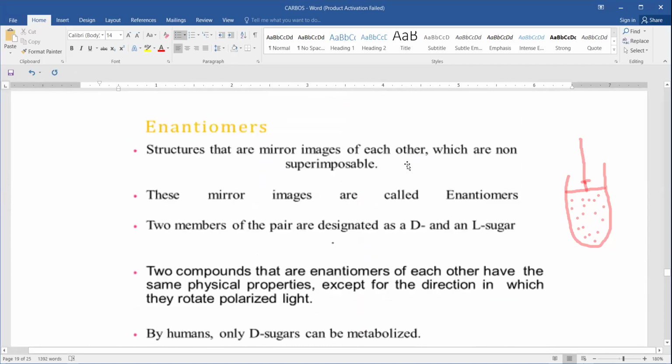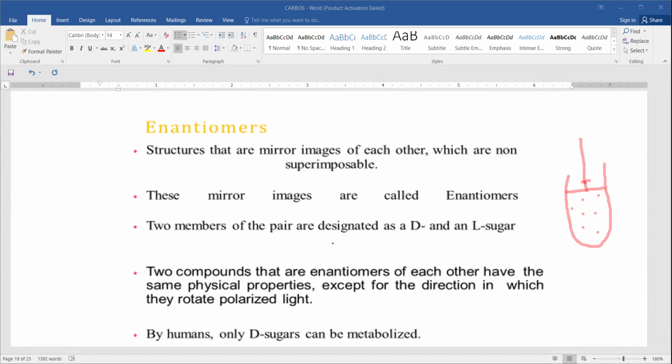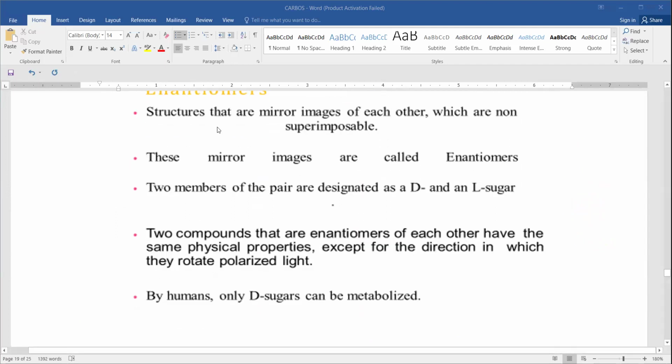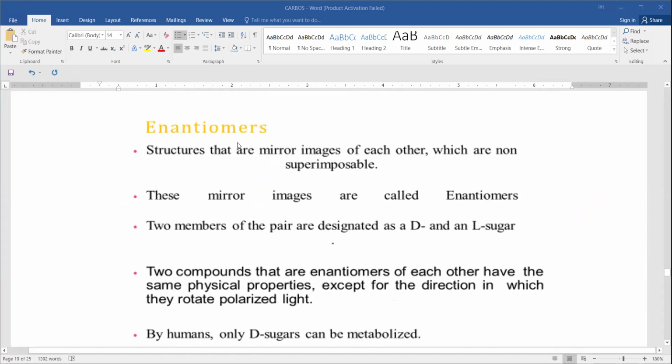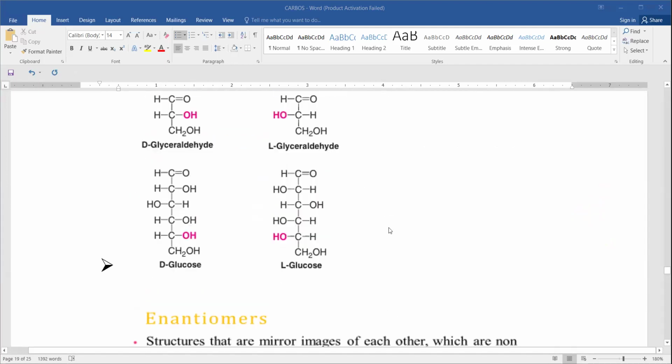Here, enantiomers are just like D and L isomers of monosaccharides, they are also mirror images, but they are not superimposable. Whereas these D and L isomers are almost superimposable, except on the last but one carbon.